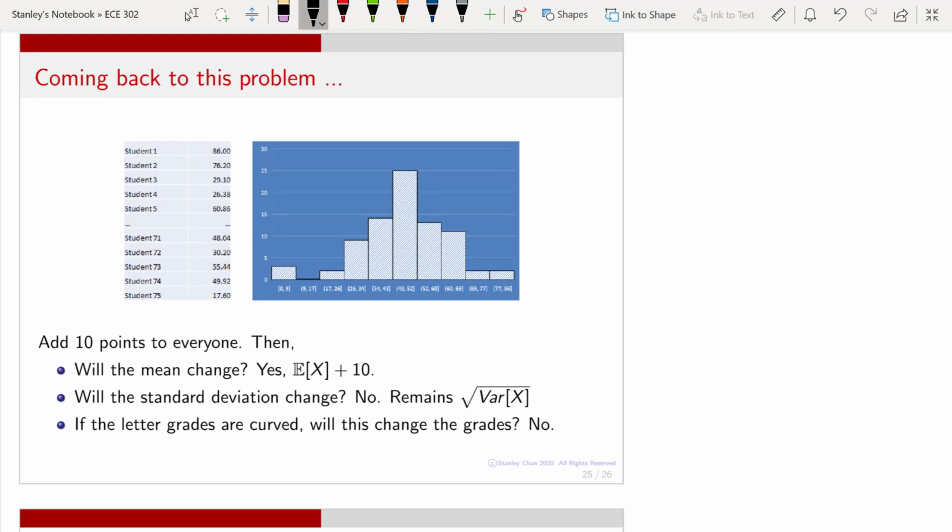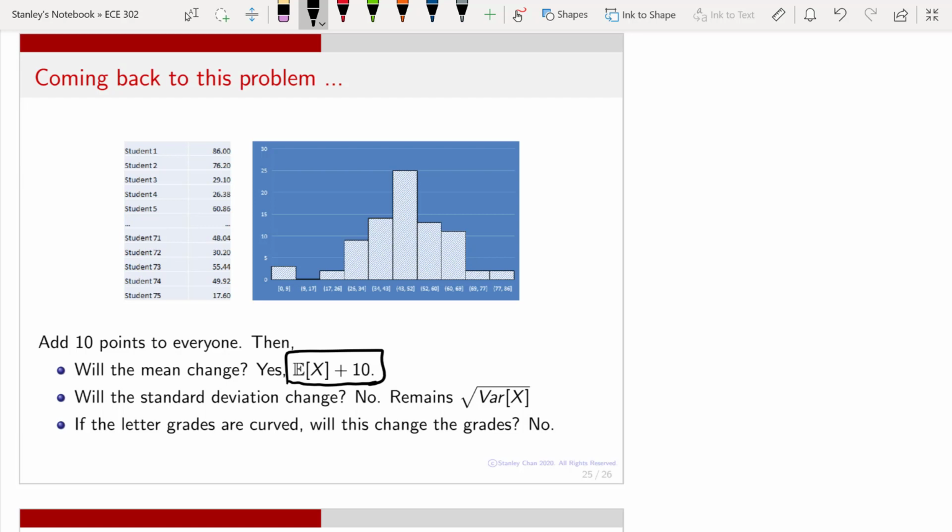So now let's come back to this problem. If we add 10 points to everyone, then will the mean be changed? Yes, we know that the mean will be changed because we're adding 10 points to everyone. And so the mean becomes expectation of X plus 10. Will the standard deviation be changed?